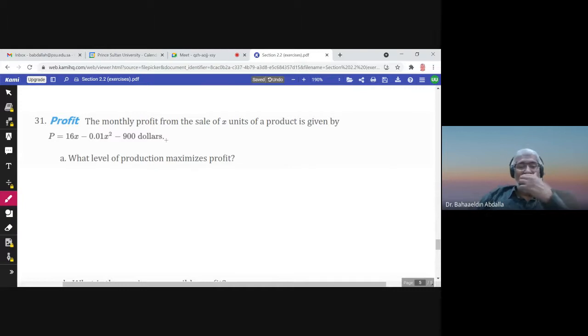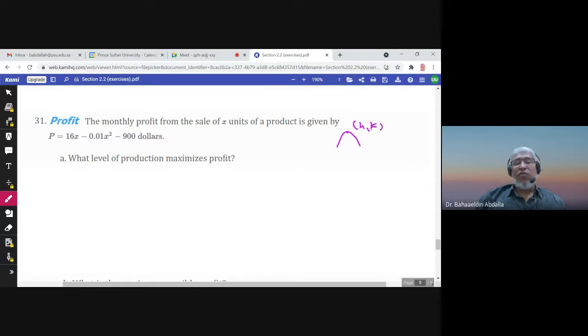The monthly profit from the sale of x units of a product is given by this quadratic function. What level of production maximizes profit? Well, notice that the coefficient of x squared is negative, so the parabola opens downwards. And the vertex would have coordinates (h, k).